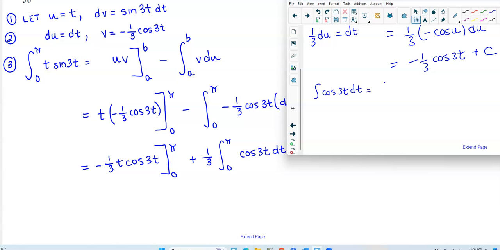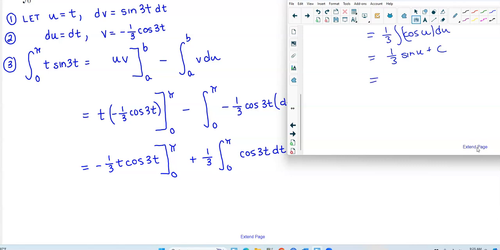So if we did our substitution, we would have the cosine of u times 1/3 du. And then we would factor out the 1/3. And then the antiderivative of the cosine of u is going to be the sine of u. And so that becomes 1/3 times the sine of 3t.